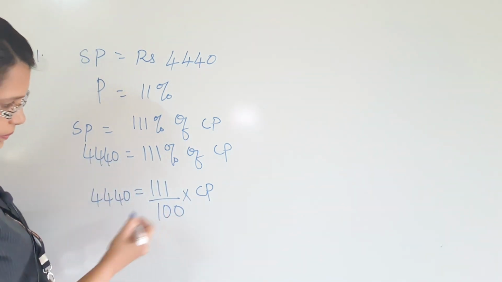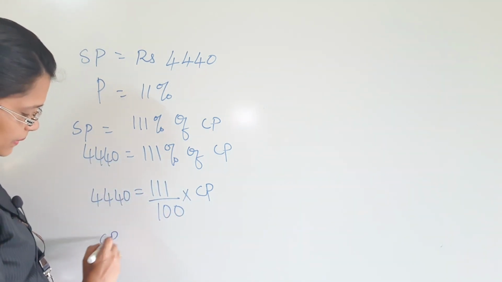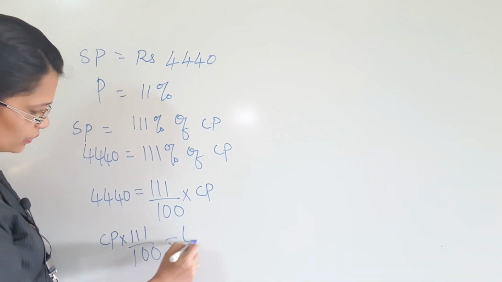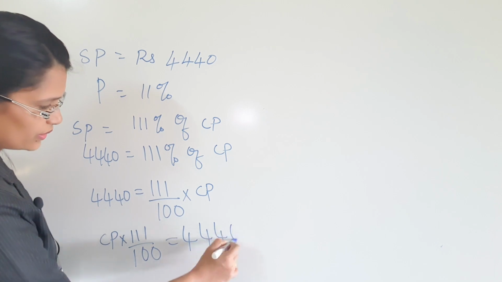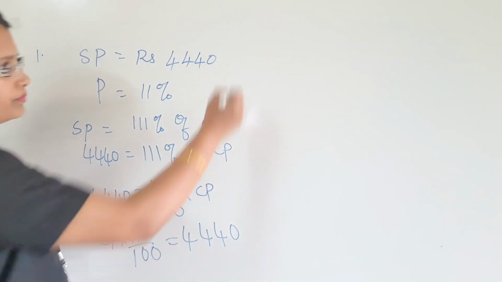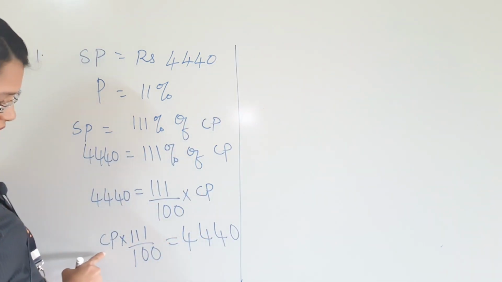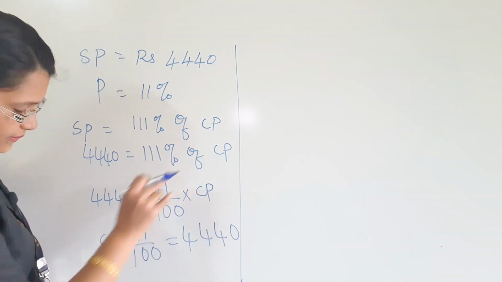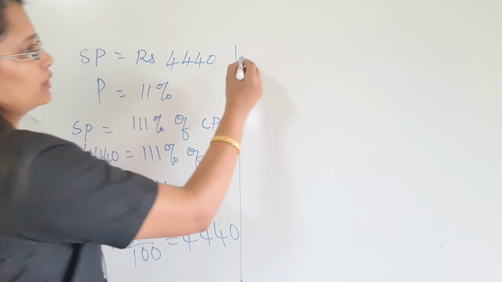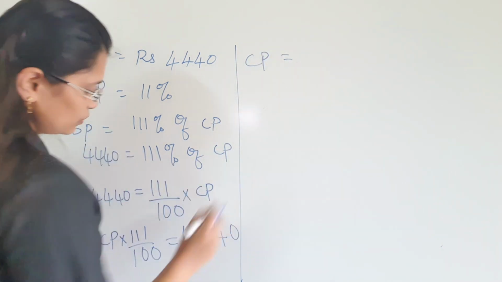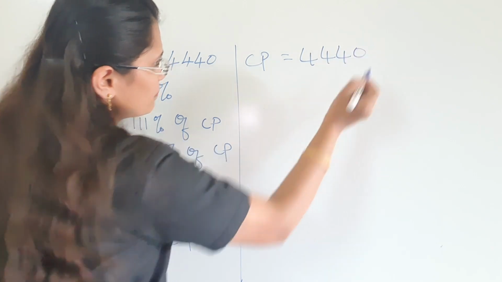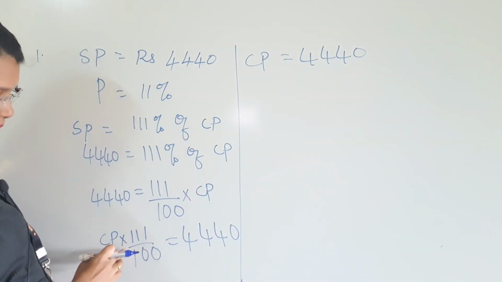The same step we can write like the CP into 111 by 100 is equal to 4440. Then we have to change this term to right side. Why? Because we need only CP. So CP, cost price, is equal to 4440.